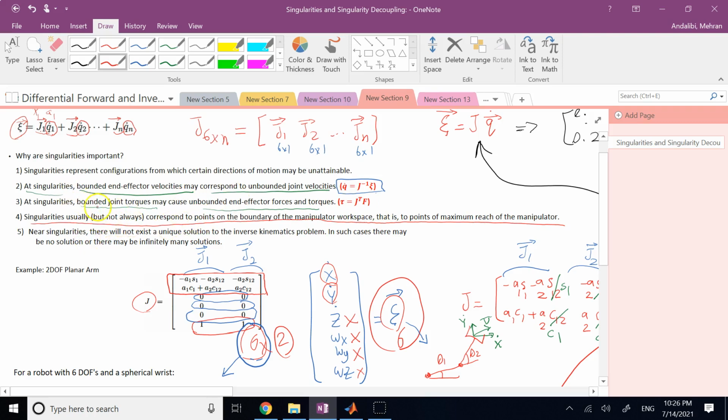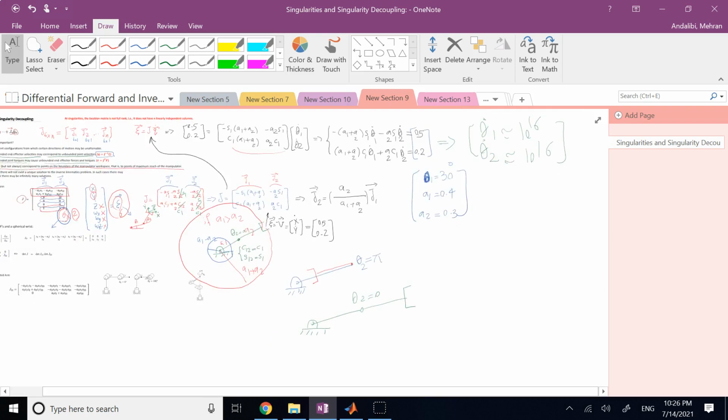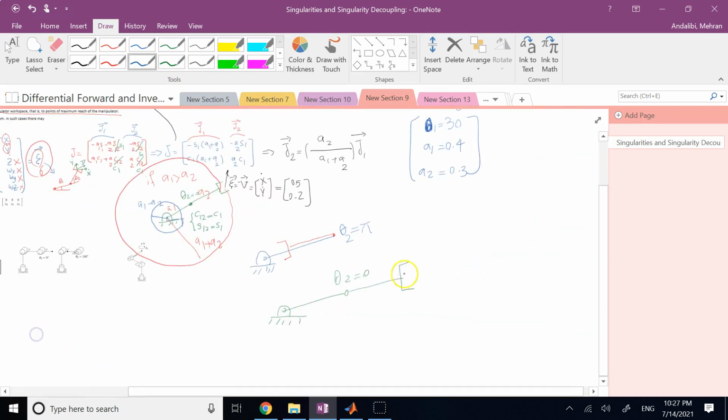But I showed you items 1 and 2, 2 and 3, the unbounded velocities of the joint and the unbounded end effector forces. The other item we need to talk about says singularities are the configurations for which certain directions of motion are unattainable. And that's exactly the case again here. If you look at this, in which direction can I not move the end effector?